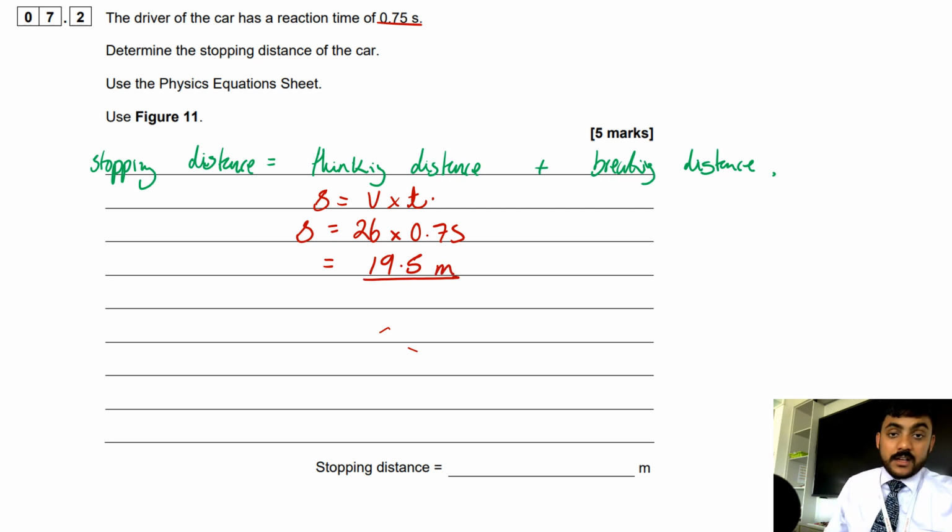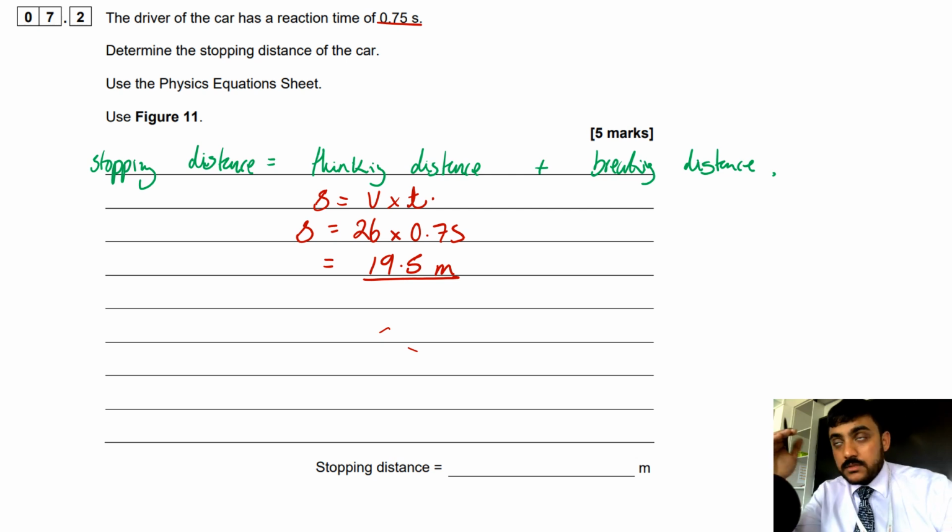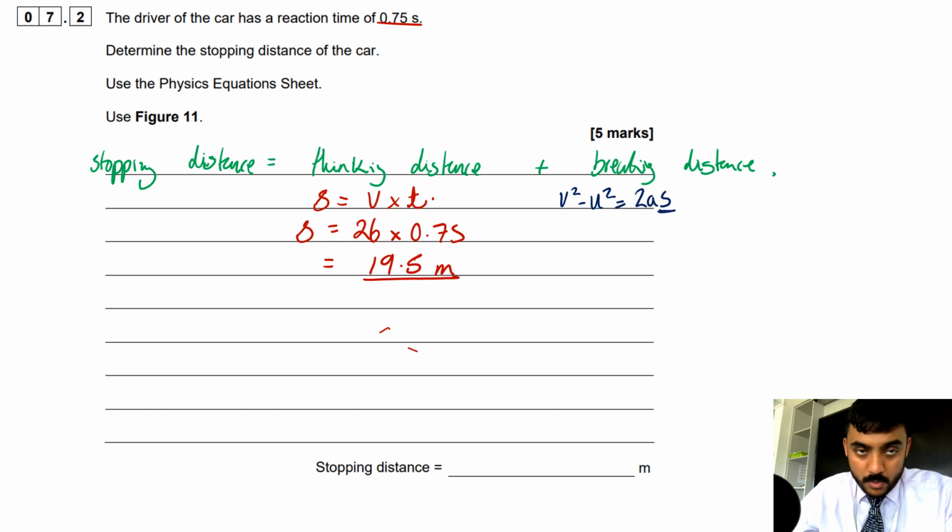Okay, then the car decides to brake, and when it brakes, the change in velocity gives you a slowing car. But how do we find the distance traveled by the car that is slowing? Well, we can use this equation: v squared minus u squared is equal to 2as, where s is what we're trying to find, and we know v squared, the final velocity, is 0. We know u squared, the initial velocity, is 26.